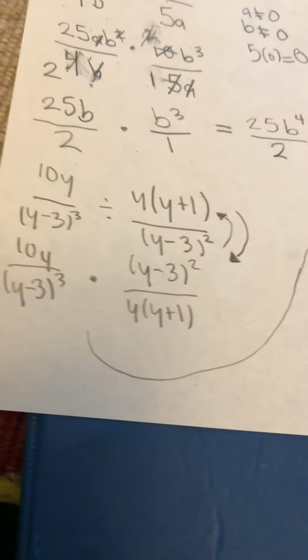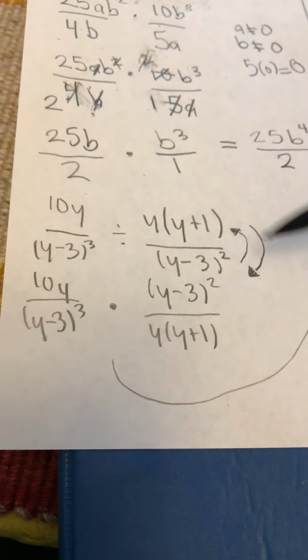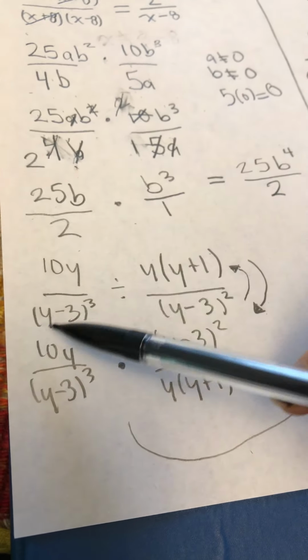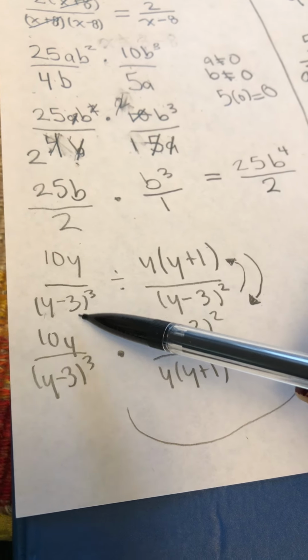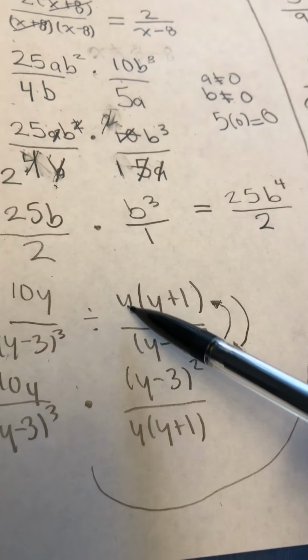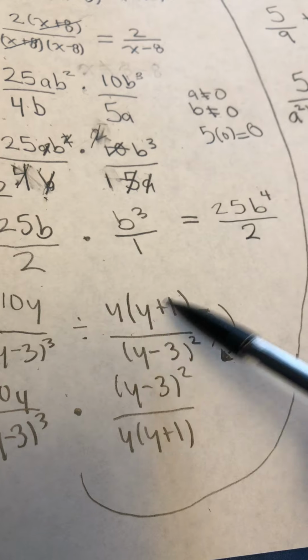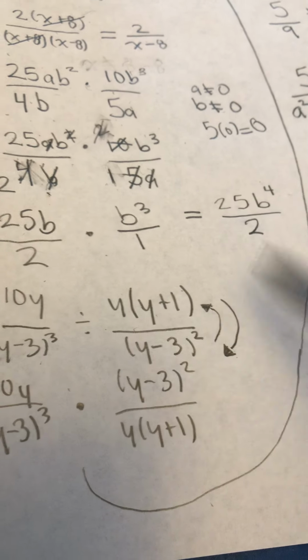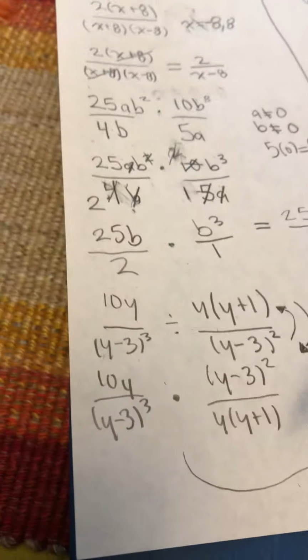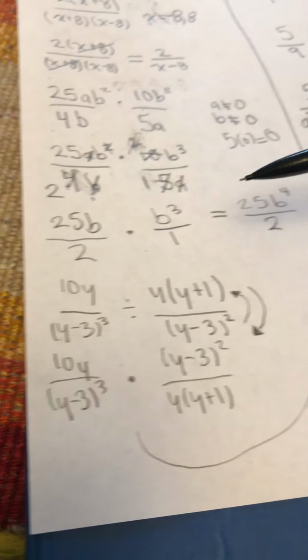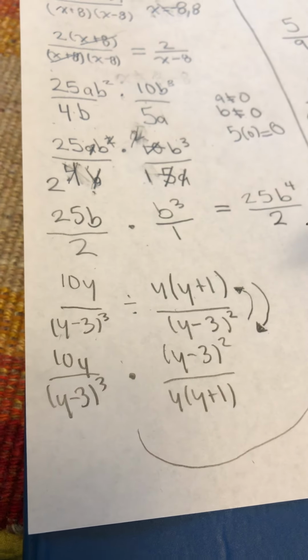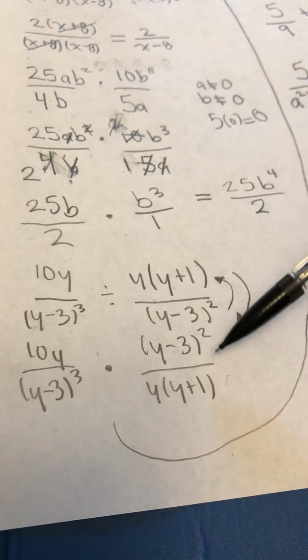Next question, we've got some dividing. So over here we've got 10y over (y minus 3) cubed, divided by y(y plus 1) over (y minus 3) squared. Your first thing you're going to do is flip your second fraction.